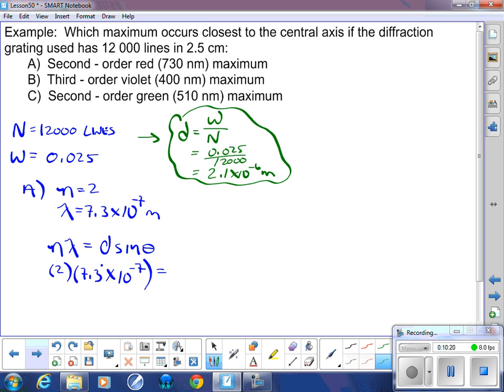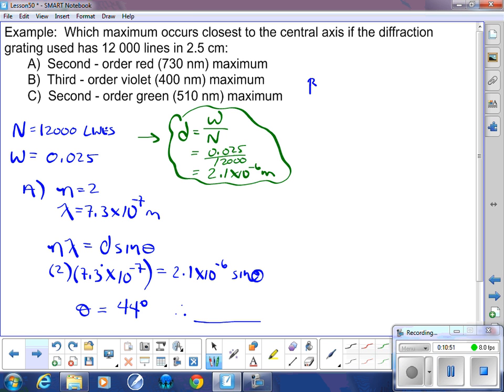I need that information to finish the question: 2.1 times 10 to the negative 6 sine theta, and we get theta equal to 44 degrees. So if I put red light through this diffraction grating, the second order maxima, the second bright spot measured from the central line, will occur at 44 degrees.